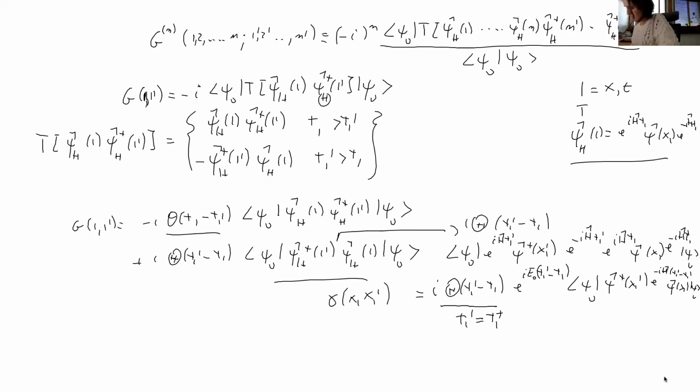You see, I have these two parts of my G, and because I want to get rid of this exponential in between the two field operators, what I do is insert a complete set of states in the Fock space. The Fock space is a collection of Hilbert spaces in which your particles change from 0 to n.